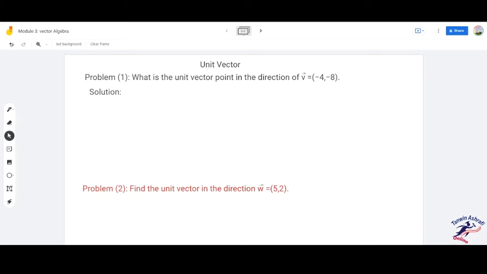Now, as we have already understood what the unit vectors i, j and k are, let's do some problems on that. Problem number 1 says: what is the unit vector in the direction of v having the point P at minus 4, minus 8?